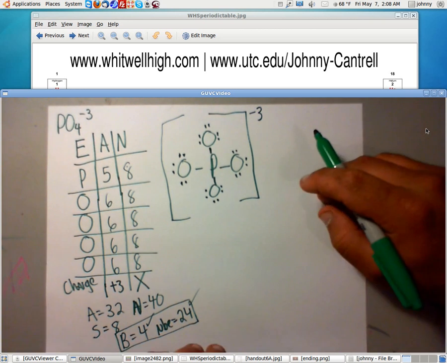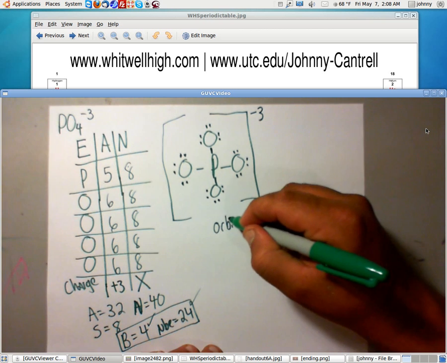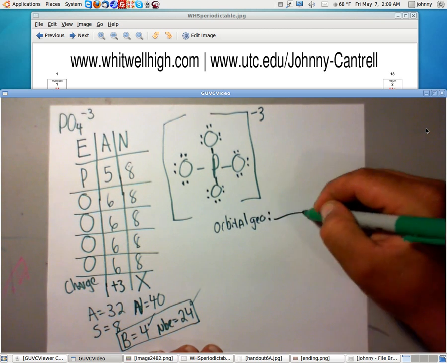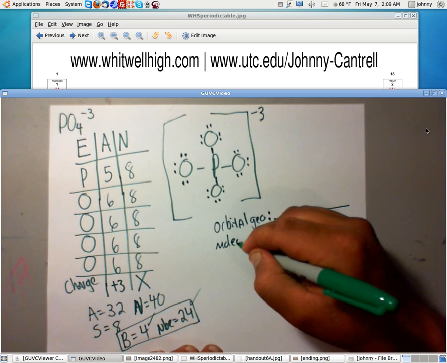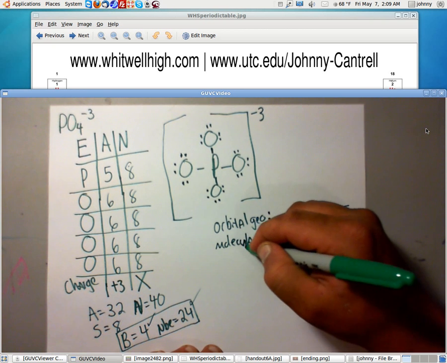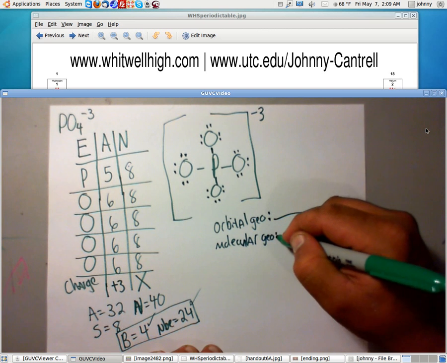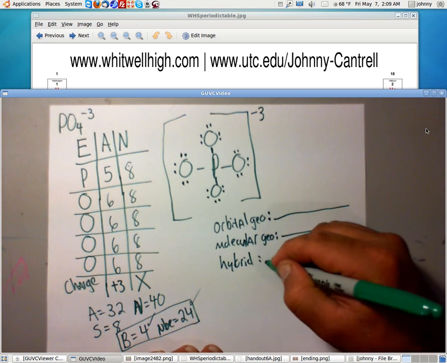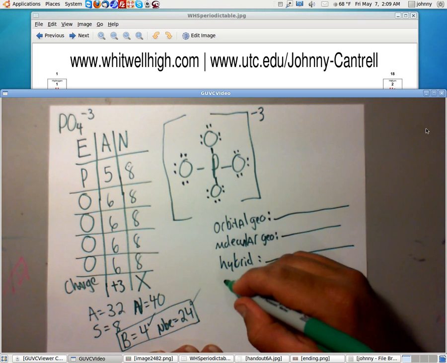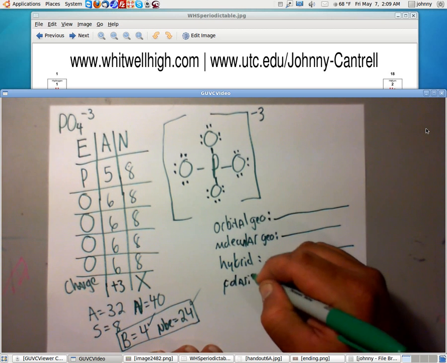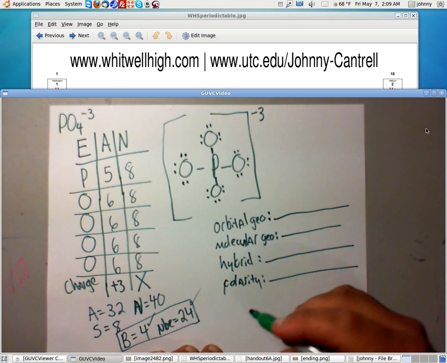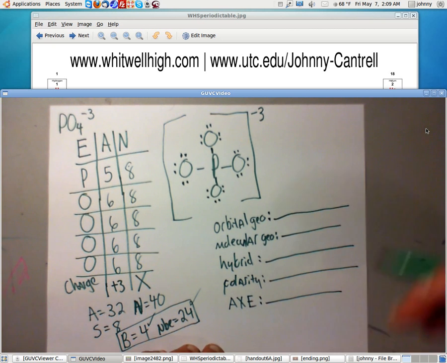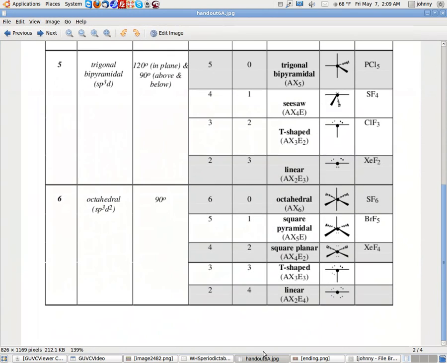Now we're done other than writing the orbital geometry, the molecular geometry, the hybridization, the polarity, and the X notation. Okay, and you can get all this from handout 6A.